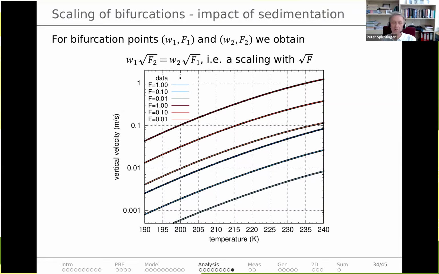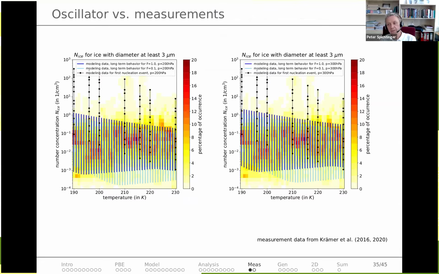Okay, now you can say, well, this is just mathematics. Come on, how does this compare to measurements? Not too bad. This is data from Martina, with some frequency of occurrence.